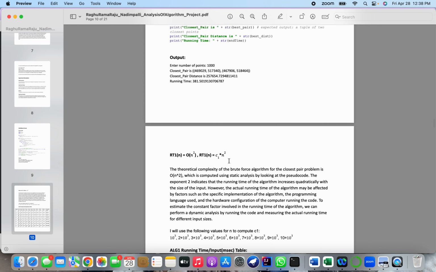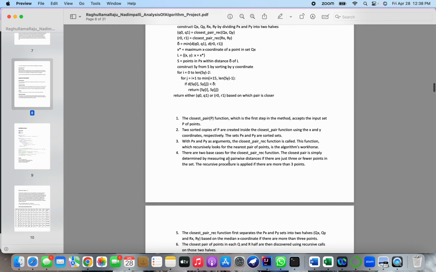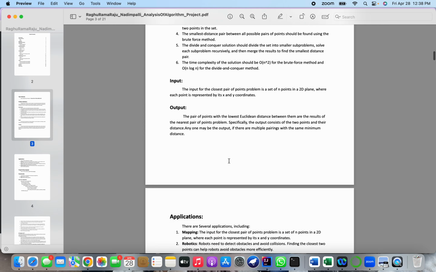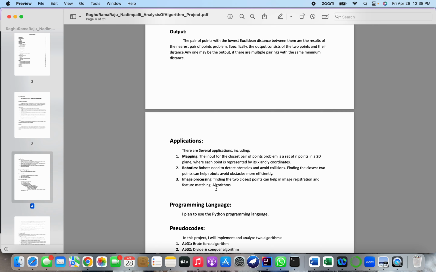And when it comes to applications, let me take you to the applications of the closest pair problem. It is a fundamental computational geometry problem that involves finding the closest pair of points in a set of points. This problem has numerous applications in various fields, including mapping, robotics, and image processing.